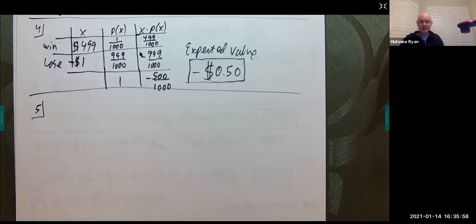So we're going to find how much we're going to win with all these probabilities. And then at the end, we're going to subtract off the 53 cents because that's what it cost us to enter.